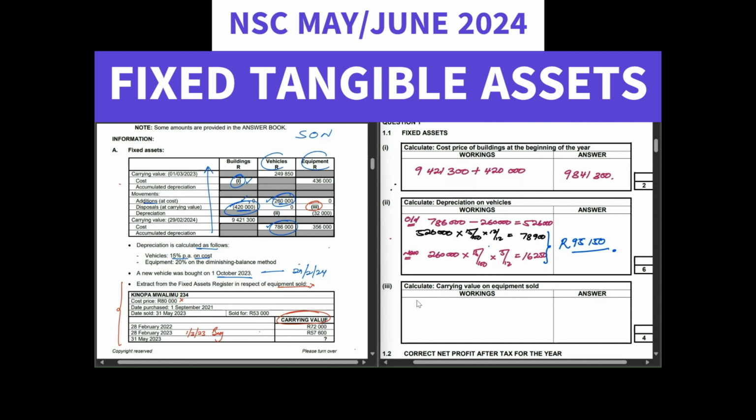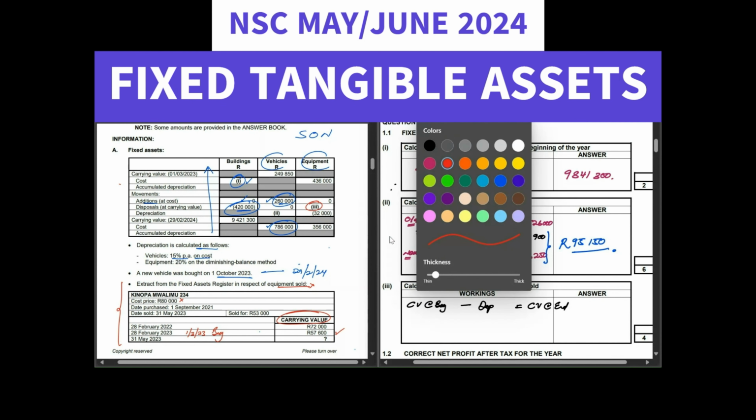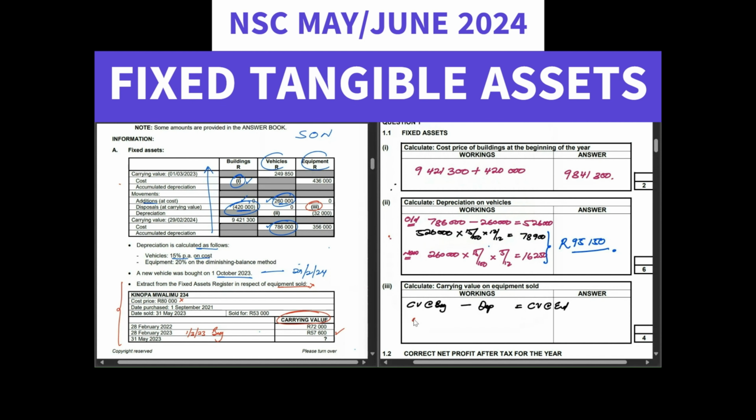So it means here I have my carrying value at the beginning, 57.6. If you were to calculate the carrying value at the date of disposal, it's easy: carrying value at the beginning minus depreciation would give you carrying value at the end. So my carrying value at the beginning is 57,600 minus my depreciation. Now I need depreciation for this particular asset.